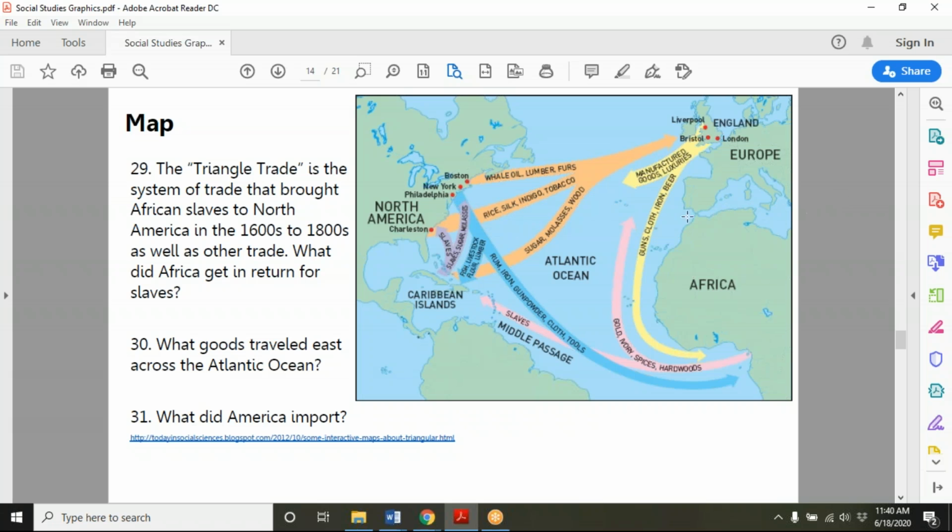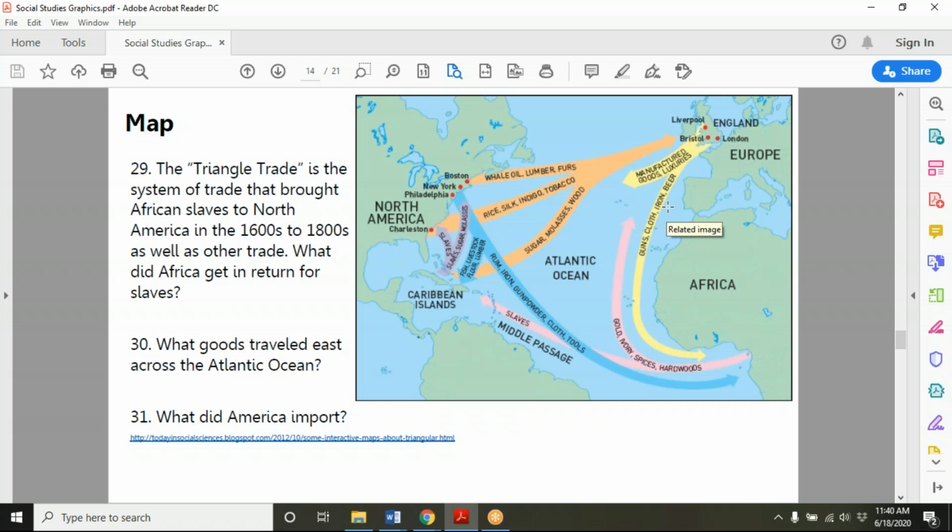The triangle trade, generally speaking, each of these three, North America, Europe, and Africa, were doing a certain thing. The labor in the form of slaves comes from Africa. The raw materials come from North America: whale oil, lumber, furs, silk, rice, tobacco, sugar. The raw materials go to Europe.